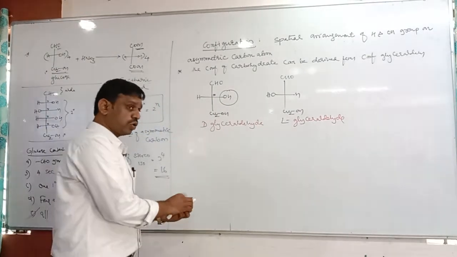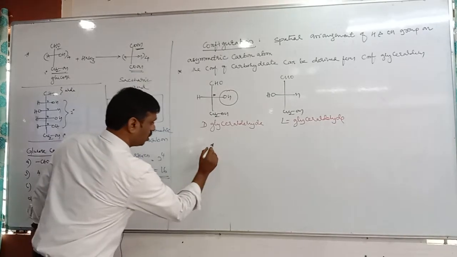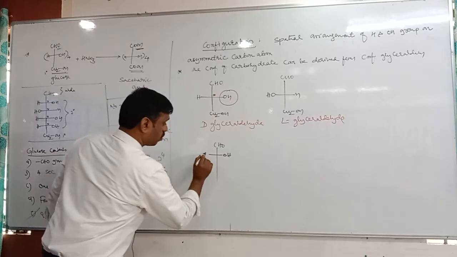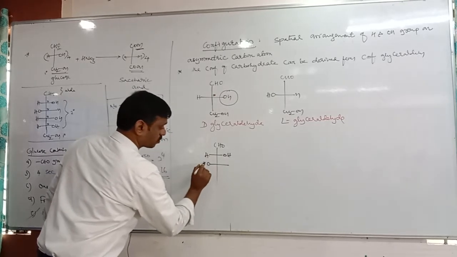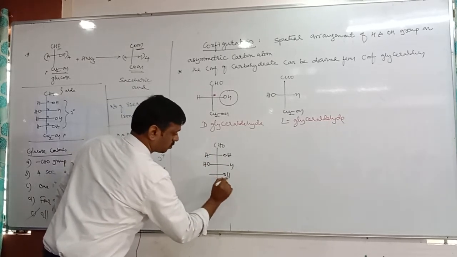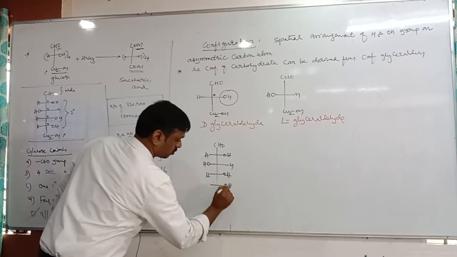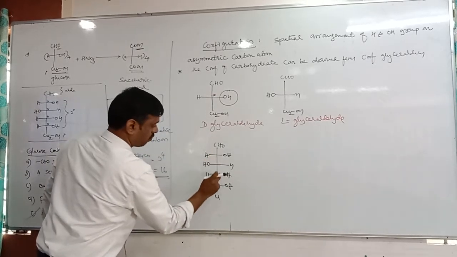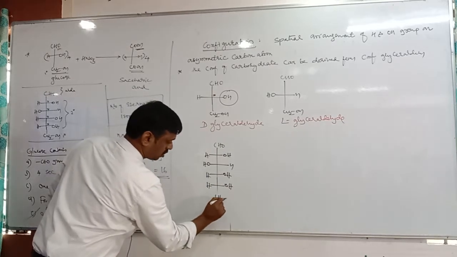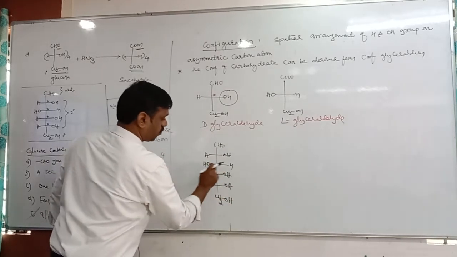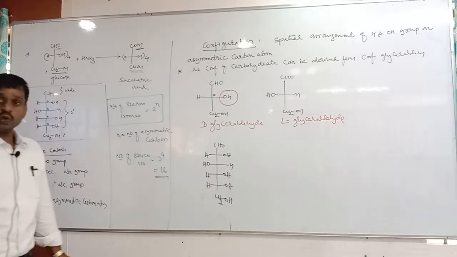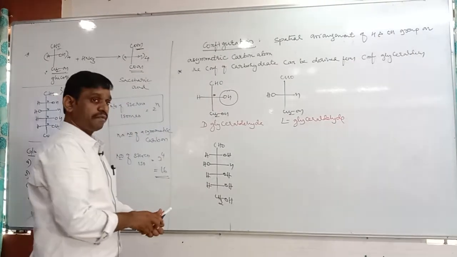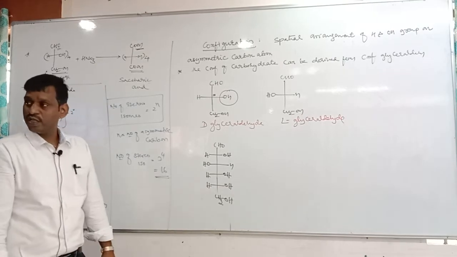For example, glucose. Now take the glucose. Glucose molecule has, of course, 5 OH groups. 1, 2, 3, 4, 5. Whether glucose is D-glucose or L-glucose, then again there is a problem.